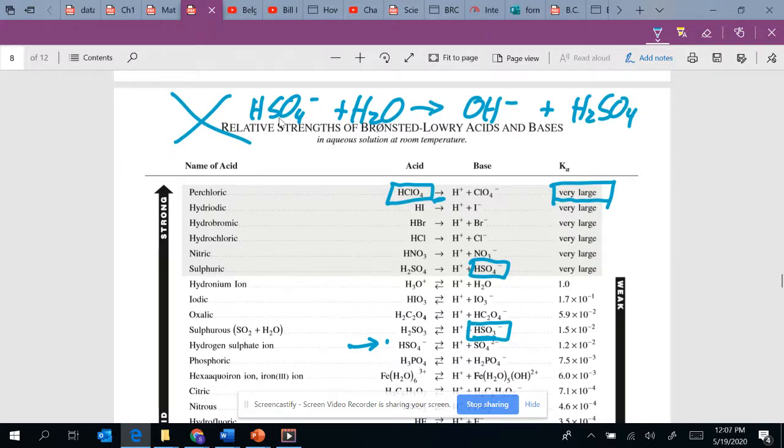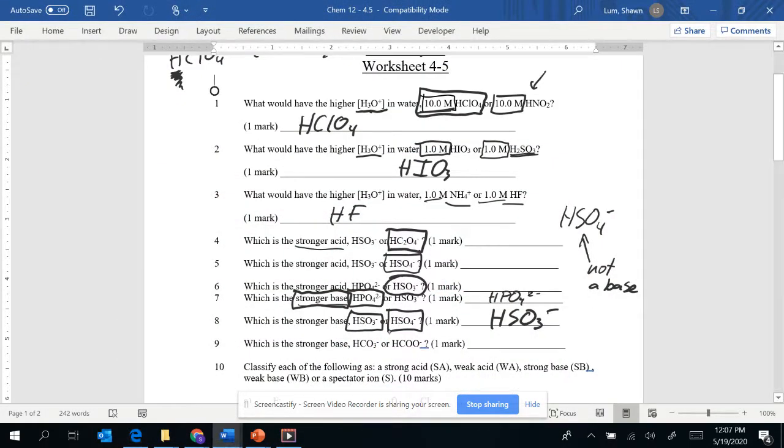You cannot put HSO4 minus plus H2O and make a strong acid. So if it makes a strong acid, well, this will be in water. It'll turn right back into HSO4. This reaction cannot happen. You cannot make H2SO4 from HSO4 by throwing it into water. So it's not actually going to be a base at all. So that one's not a base.